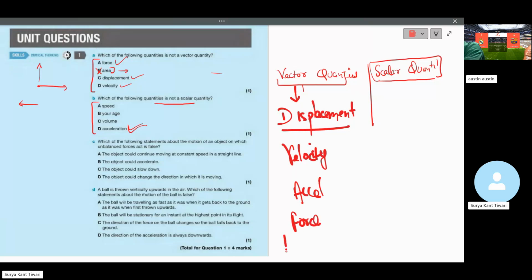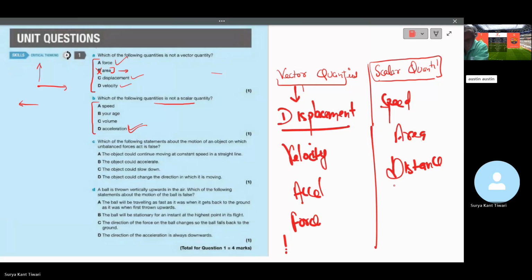There are many vector quantities. What are scalar quantities? Speed is a scalar quantity, area is a scalar quantity, distance is a scalar quantity. Got it? Yes, sir. So age is scalar, speed scalar, volume scalar, but acceleration is a vector quantity.